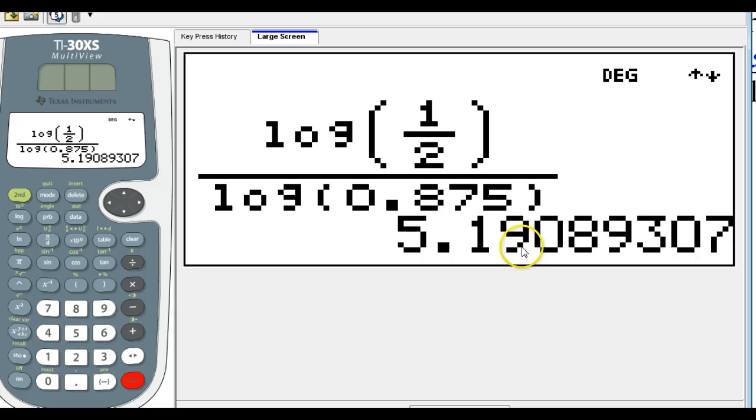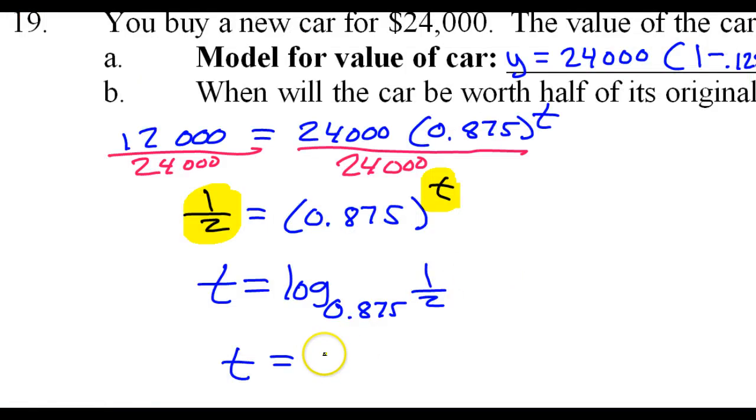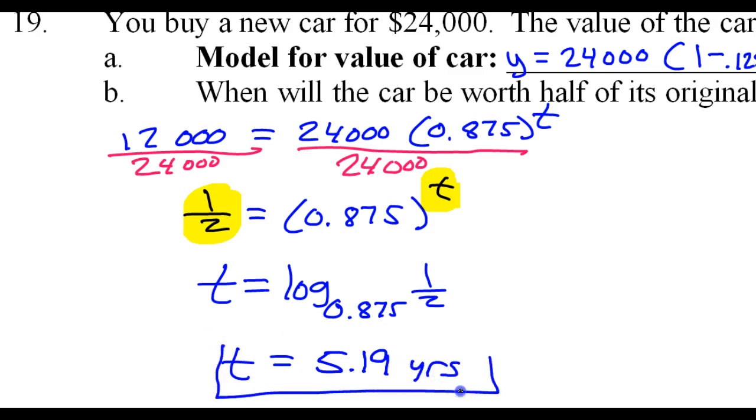So that's 5.19 years. And that's the answer to number 19.